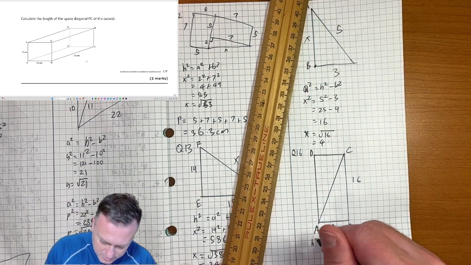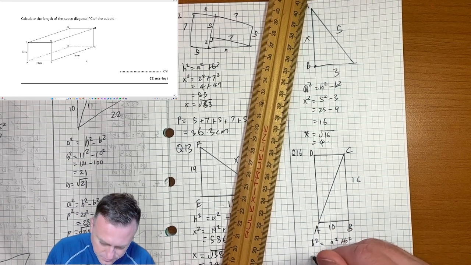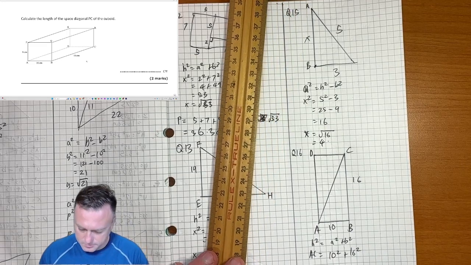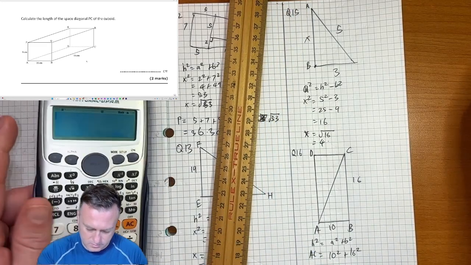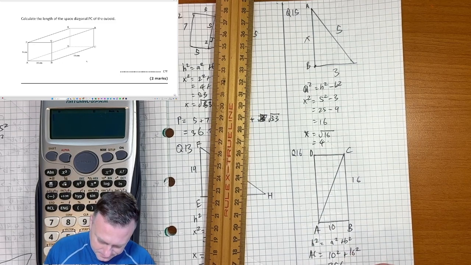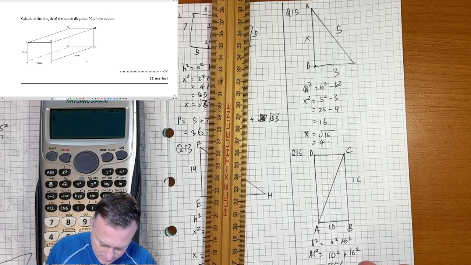So first step is h squared equals a squared plus b squared. AC squared is equal to 10 squared plus 16 squared, which equals 356. So then AC equals the square root of 356.